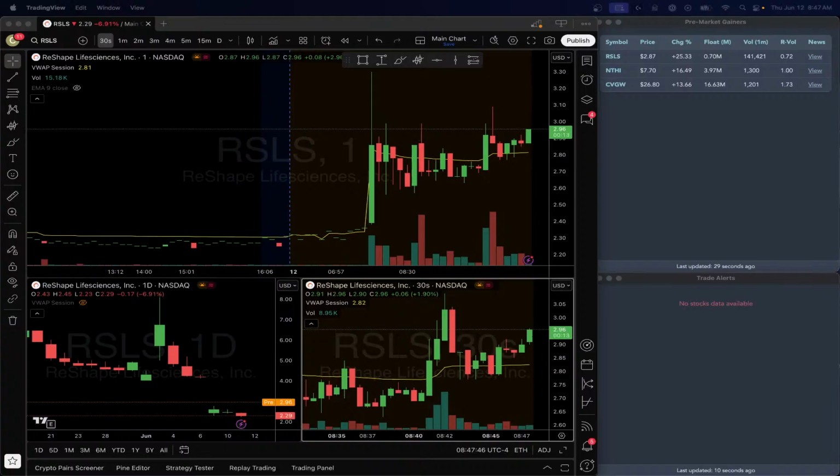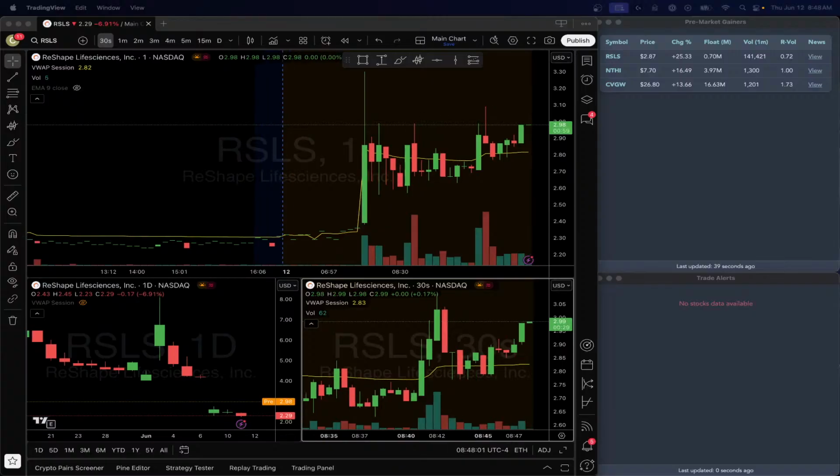We got a big seller at 295, so I don't think it's going to break the $3 mark. It's tried to break the $3 mark quite a few times and it pulled back. If it can break it and hold it, then we might be good.